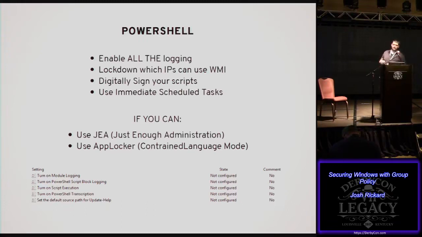So the other thing is using lockdown IPs for WMI or WSMan or PowerShell remoting. WMI is Windows Management Instrumentation. WSMan, I forget what the S stands for, but it's basically PowerShell remoting. But instead of specifying that all administrators can do this, you can specify actual static workstations.